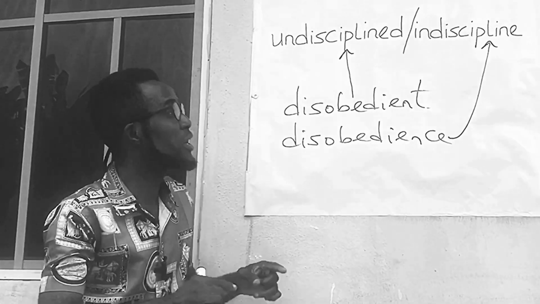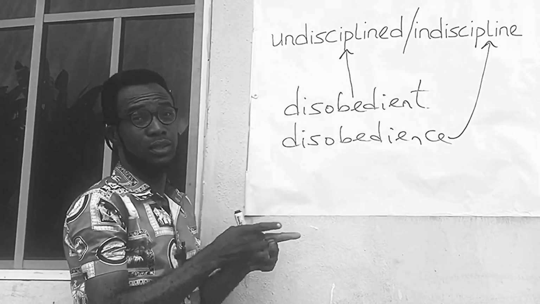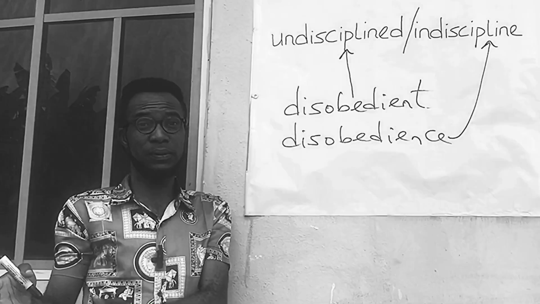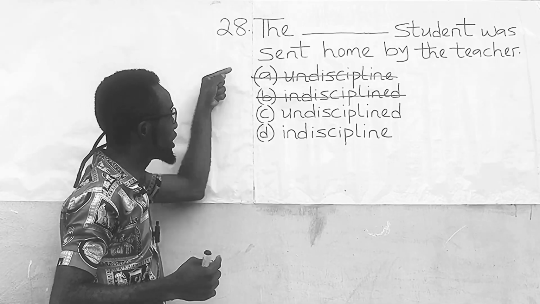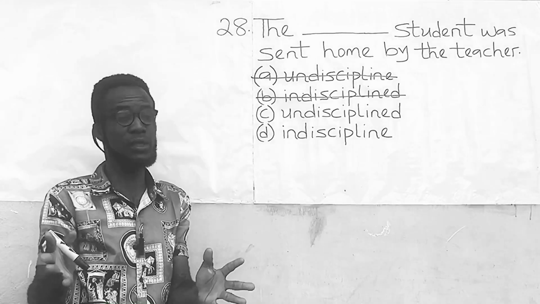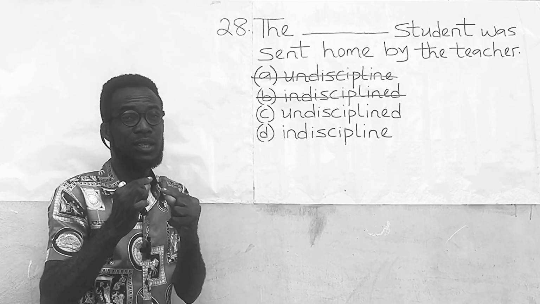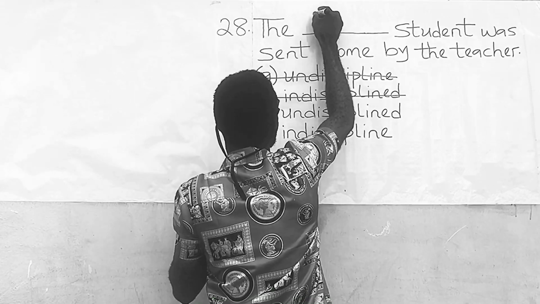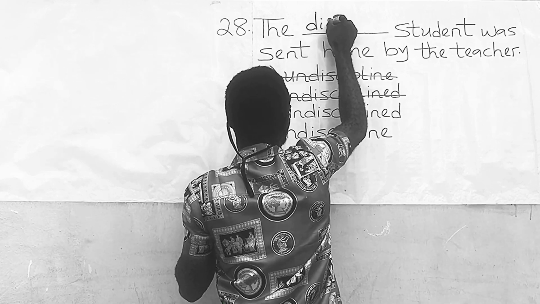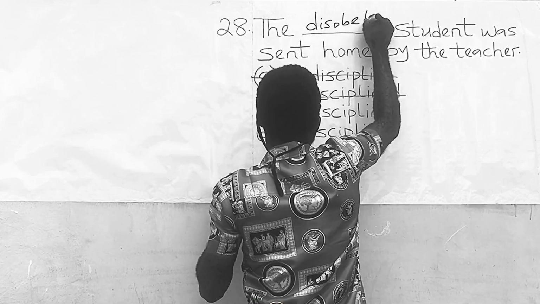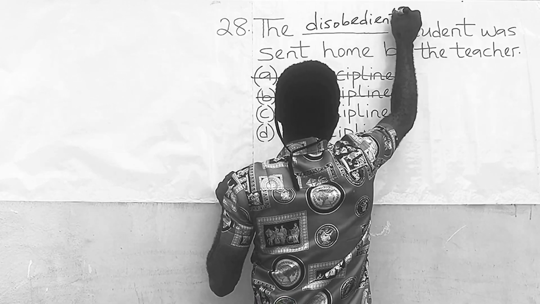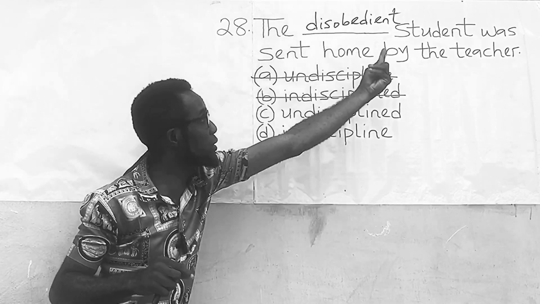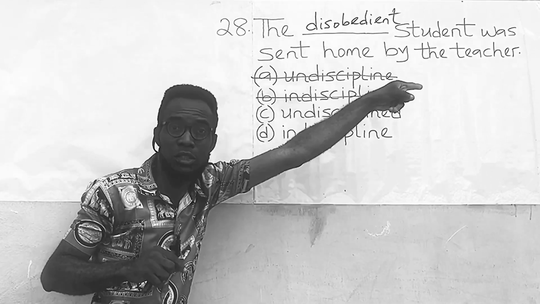Let us apply these shortcuts to the question with a view to answering it correctly. If you look at the question, you will find out that the gap in the question can conveniently be filled with the word disobedient. So that I can say the disobedient student was sent home by the teacher.